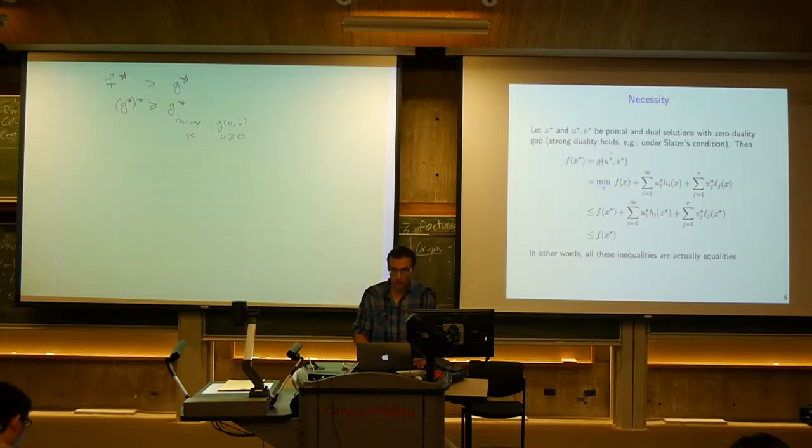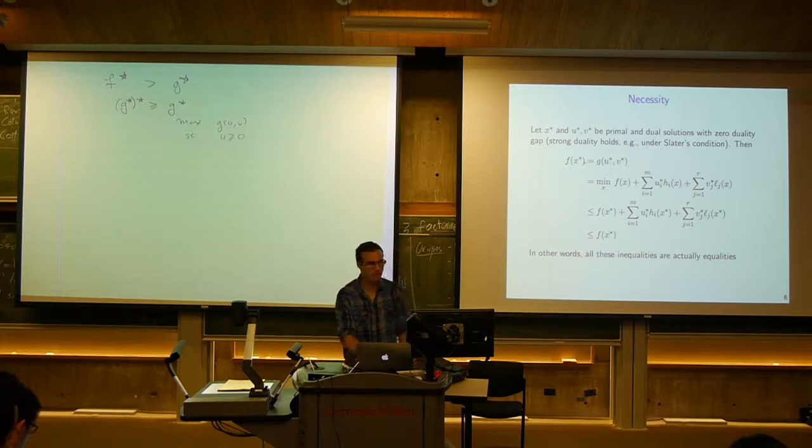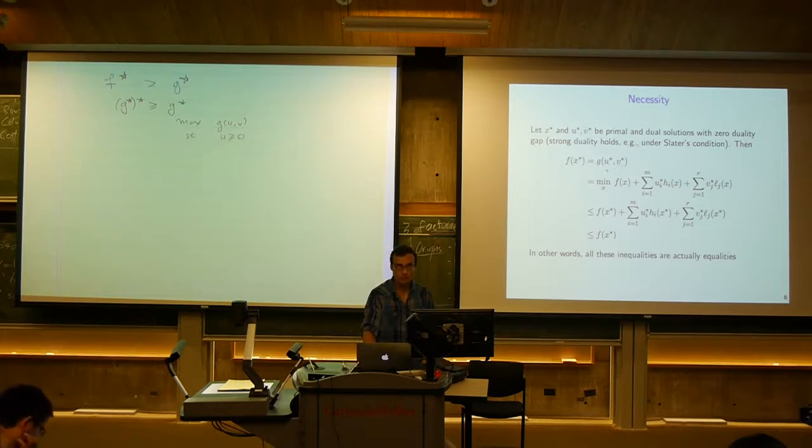So let's suppose that we had x star and u star, v star, and we had 0 duality gap. We're going to now show this implies the KKT conditions. The first thing we're going to do is say that, just by definition, f at x star is equal to g at u star, v star. This is strong duality, with 0 duality gap here.